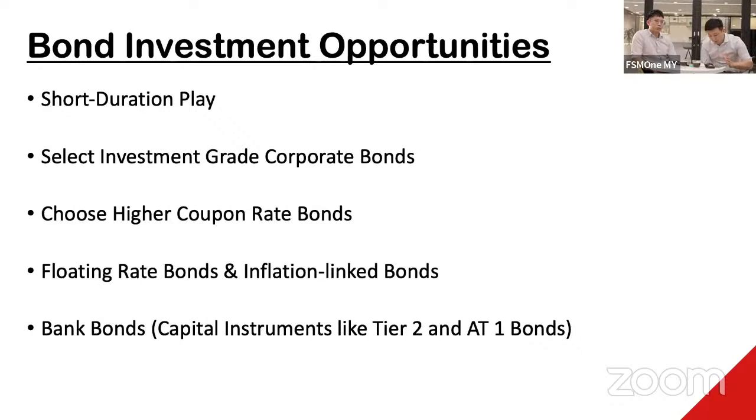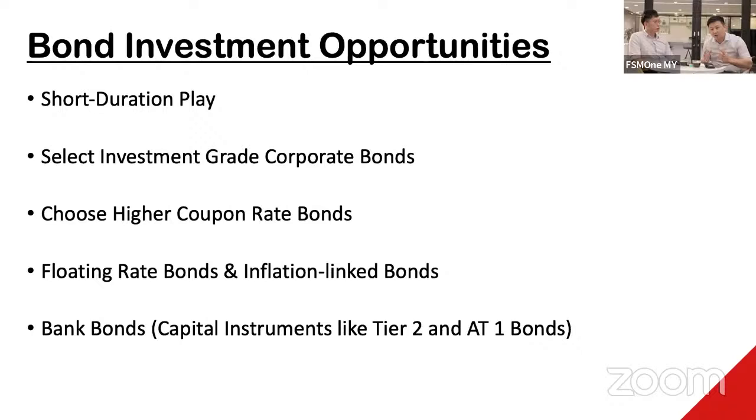To give you an example, if the bond is 10 years in duration, or simply 10 years long, every 1% interest rate hike will technically, in a perfect world, reduce the bond price by 10%. This is what we call duration.